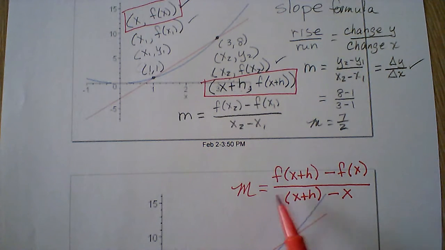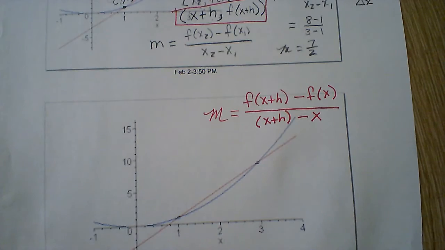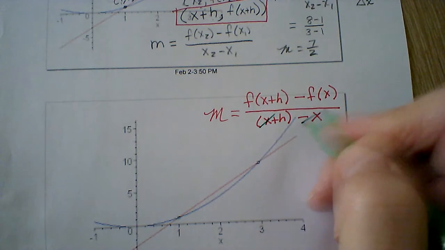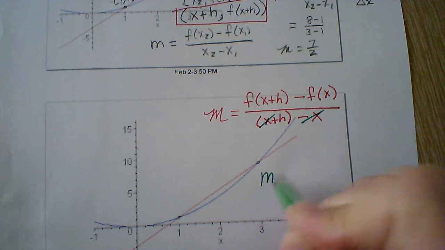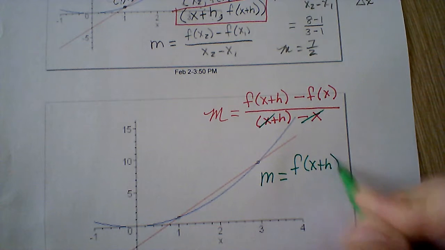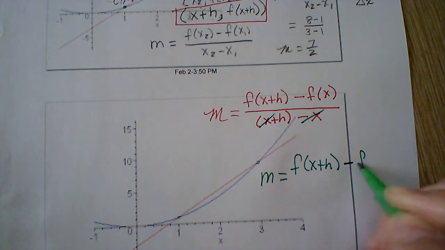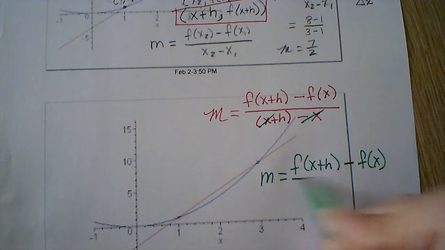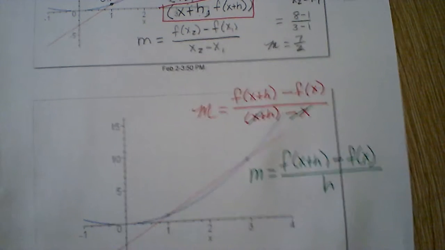Now, I can't simplify anything up here, but I can simplify the denominator, right? X plus h minus x, well, I can subtract away those, x minus x. So my slope formula in this case is f of x plus h minus f of x over h.